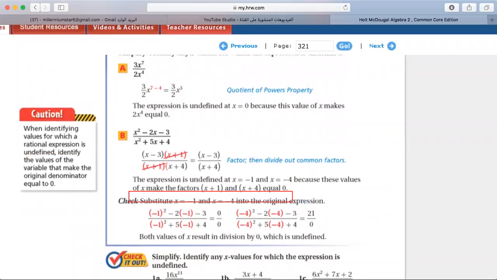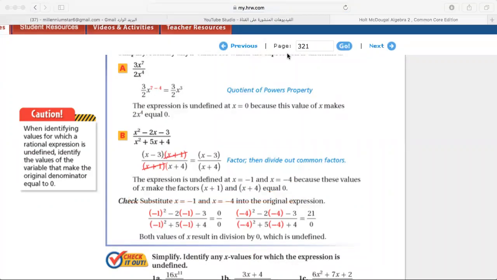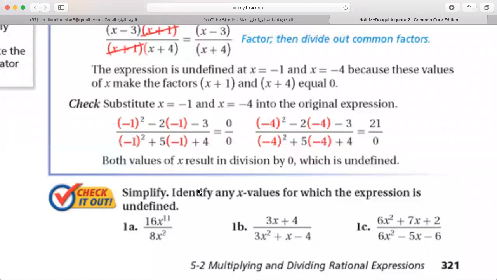Okay. Let's take another one. Okay, girls, let's solve 1a. If I have exponents x to the power 11 and x to the power 2 and I want to divide them, as we said, if I want to divide, I subtract the exponents.